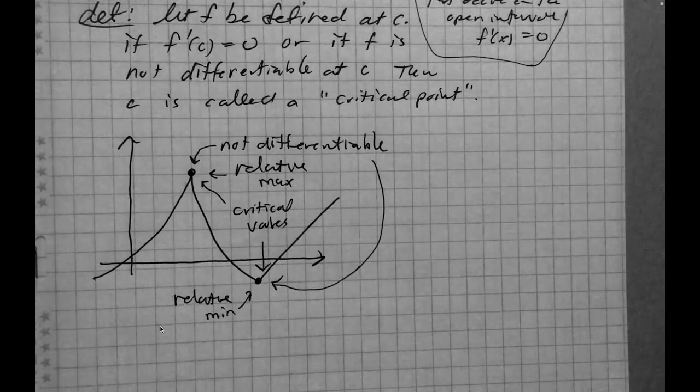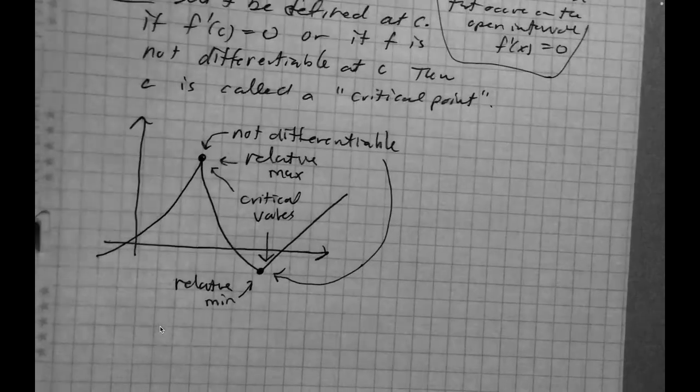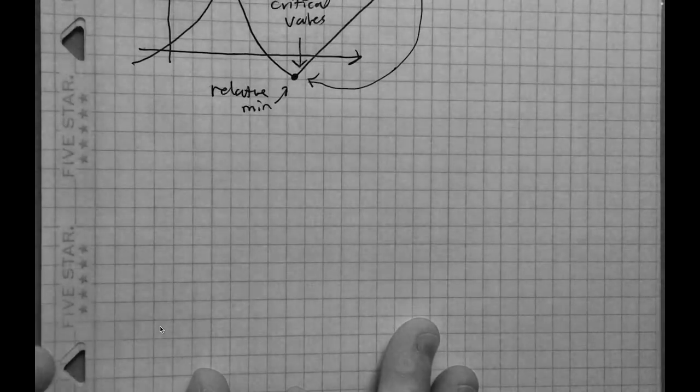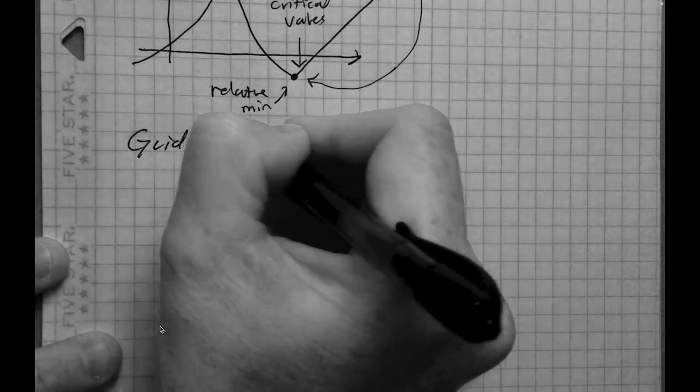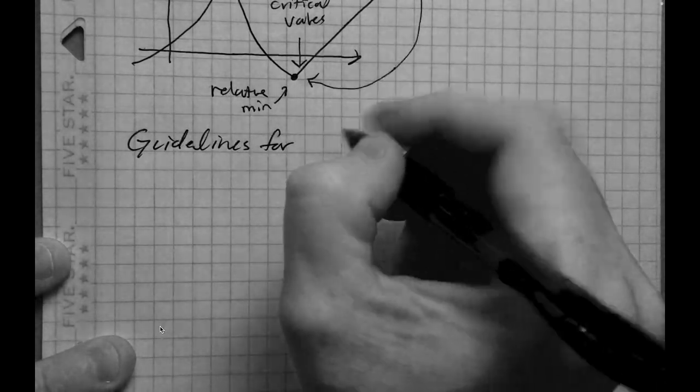So there's a lot of carrying on here. Let's see what's next. Let's do an example. Actually, before we do an example, let's summarize some of this stuff here. So let's do some guidelines for finding extrema.